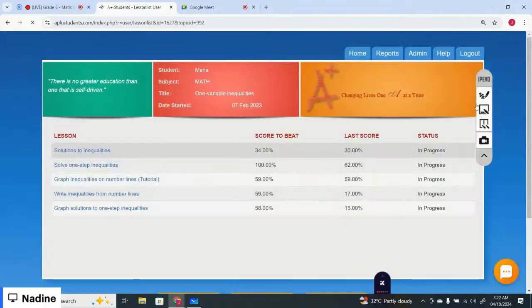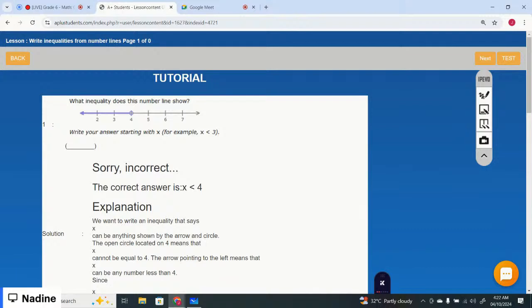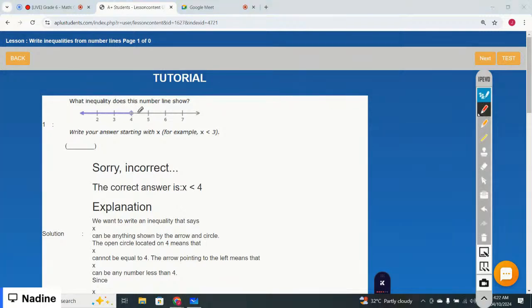The next lesson is write inequalities from number lines. What inequality does the number line show? So let's see how we write down the inequality that the number line represents, right?